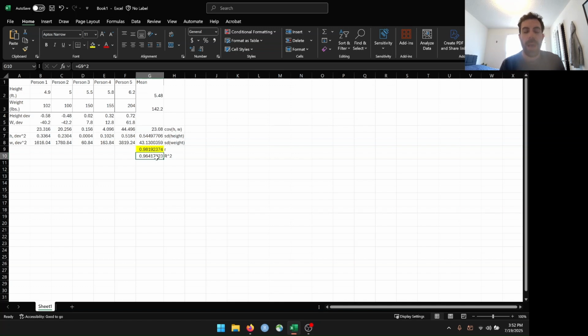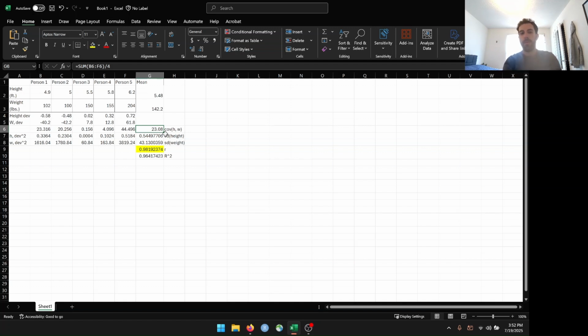So I like that it gives you direction, positive or negative. But covariance also gives you direction, positive or negative. You could wind up with a negative covariance, right? You'll never wind up with a negative variance because of the squares. But like here, you could see there's some negative numbers, and if one's negative and one's positive, you could wind up with a negative covariance. So that also gives you direction.